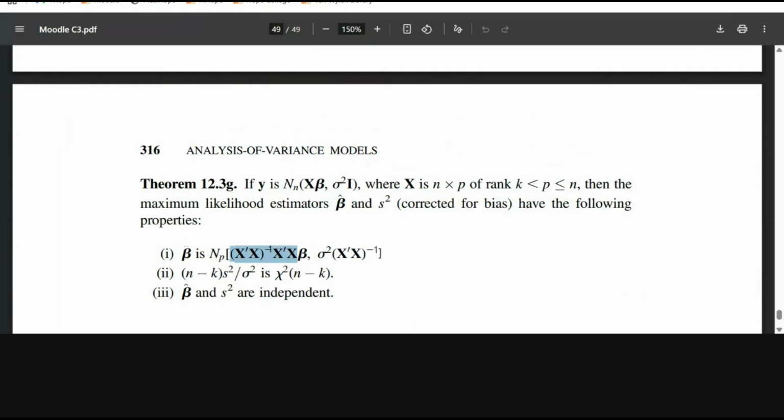I'll tell you what, okay, full disclosure. The book actually did this as x prime x like that. I'll just give you one small detail. What is this? This is a generalized thing. It's for evil cases where x is not full rank and bad things happen and there's no inverse, but there's a generalized inverse.